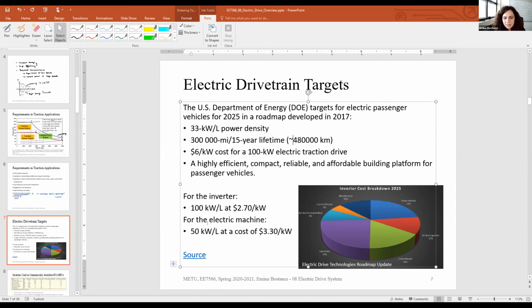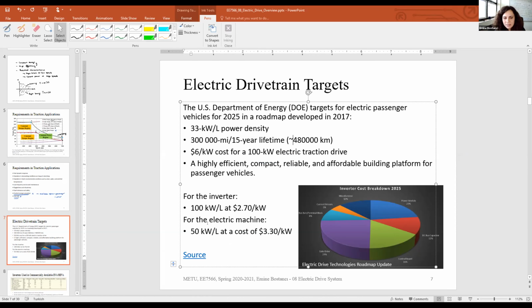Here is also the inverter cost breakdown. You see that the gate driver is the most expensive part, then the power module follows, then the DC capacitor. So these three are the most important components: the gate driver, the power module, then the DC bus capacitor, and of course the control board.